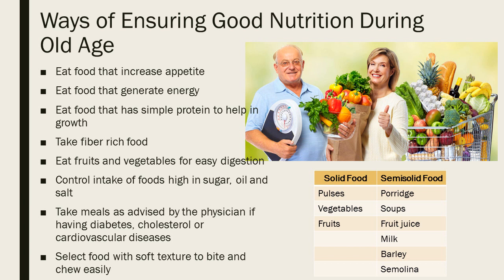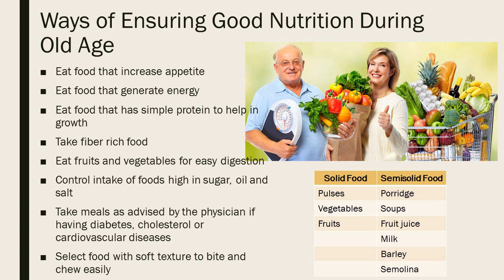Also, they should be given fruits and vegetables which are very easy to digest, and the intake of high sugar, oil, and salt should be controlled. If they have diabetes, cholesterol and cardiovascular diseases, it is important to follow the advice given by the physician, because if a person has diabetes, they should not be taking carbohydrate-rich foods.